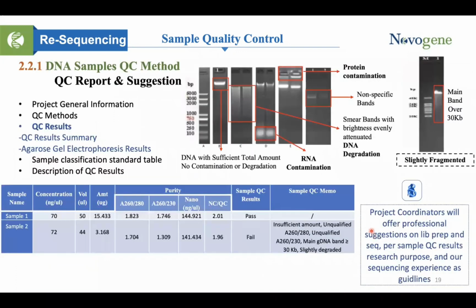Just to give a small example, the table in the QC report is like this, and it outlines the general information and the result summary, where the sample could be judged as pass or fail, followed by the explanation of library quality. We give several binary scenarios commonly presented on the gel electrophoresis result figures. If you are confused by some of the situations, the QC team is glad to figure it out for you.